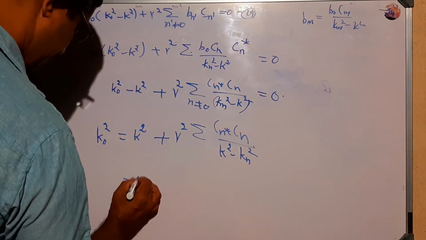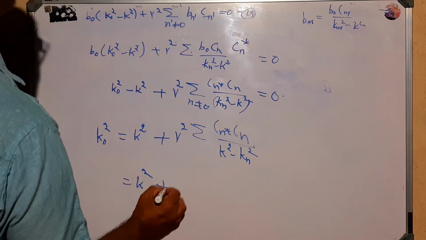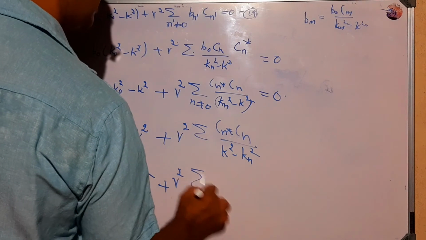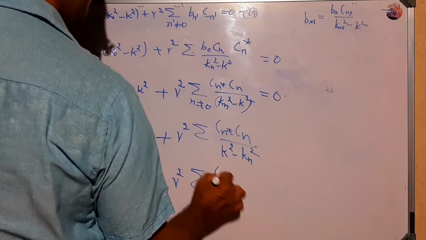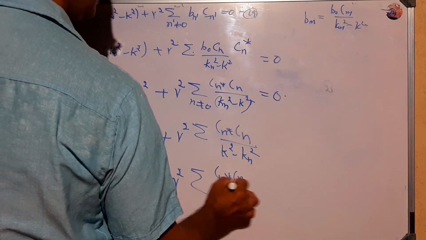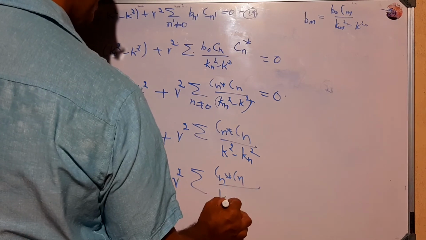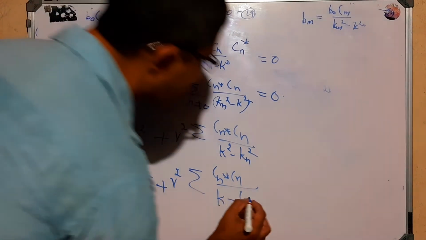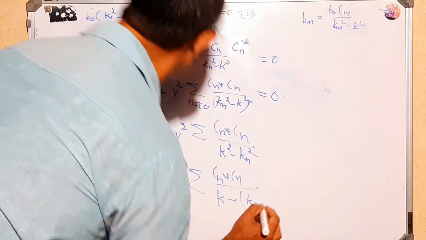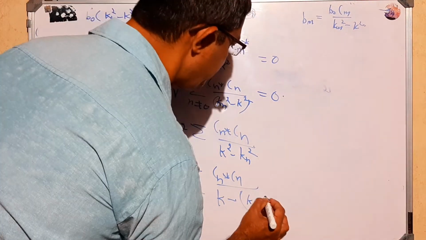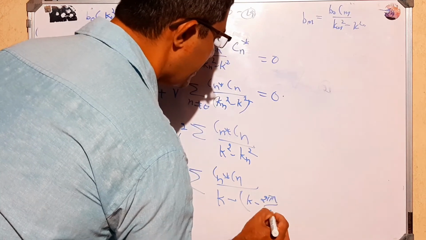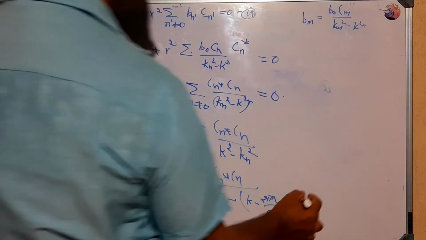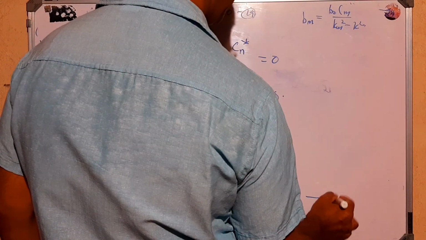So this is equal to K square plus gamma square sigma Cn star Cn divided by K square minus Kn square, which can be written as K minus 2 pi n by a whole square. So this is equation number 23.